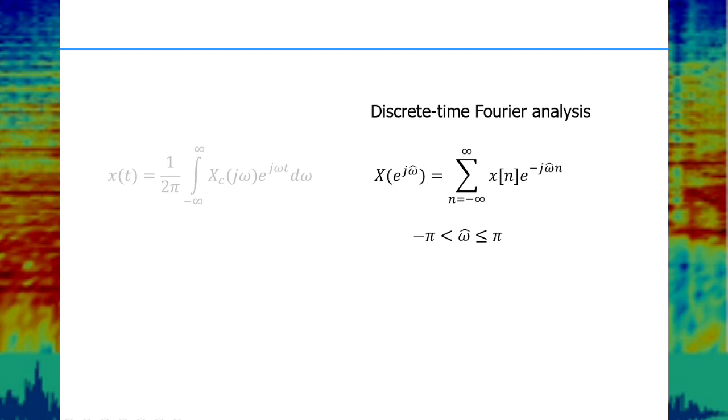You may be wondering about the terms between the brackets, namely e to the power j omega, and earlier you saw the term j omega. The reason is that these transforms are special cases of the general Laplace and Z transform. A deeper explanation of these relations is beyond the scope of this course.